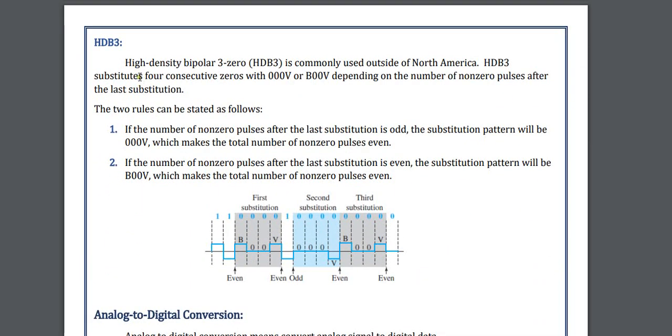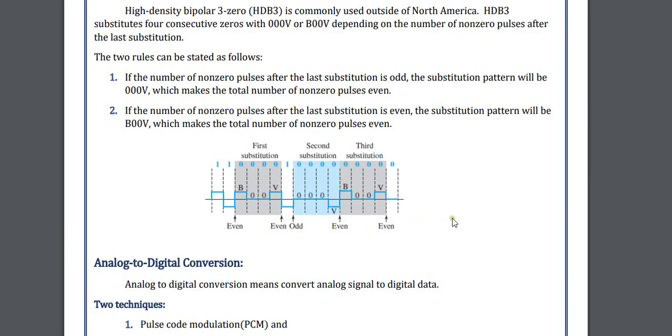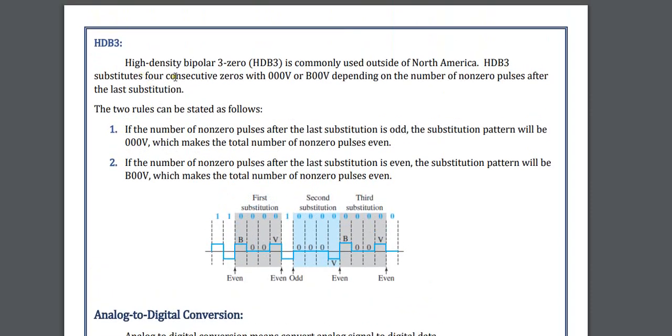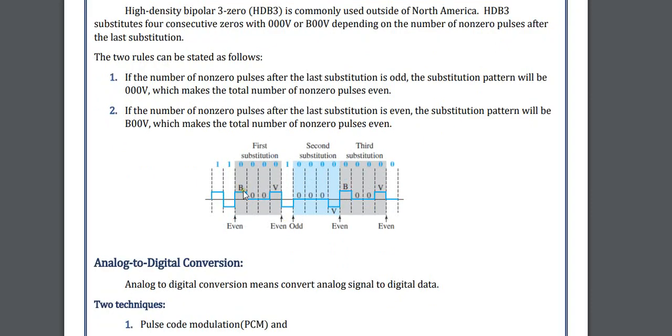HDB3 stands for high density bipolar 3-zero. By this diagram we can easily understand that for the first substitution we have 1 for a positive value and 1 for a negative value, and then 0. In high density bipolar 3-zero, B is for the bipolar violation, 0 is for 0, and V is for the violation.